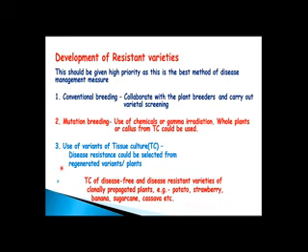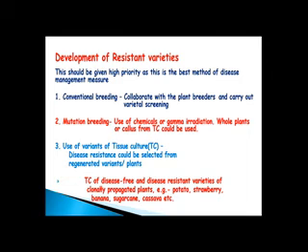tissue culture. Disease resistance could be selected from regenerated variants or plants, because in tissue culture we are using some mutagenic chemicals, so mutants will occur. In some countries they have selected these variants, and disease free and disease resistant varieties were developed.